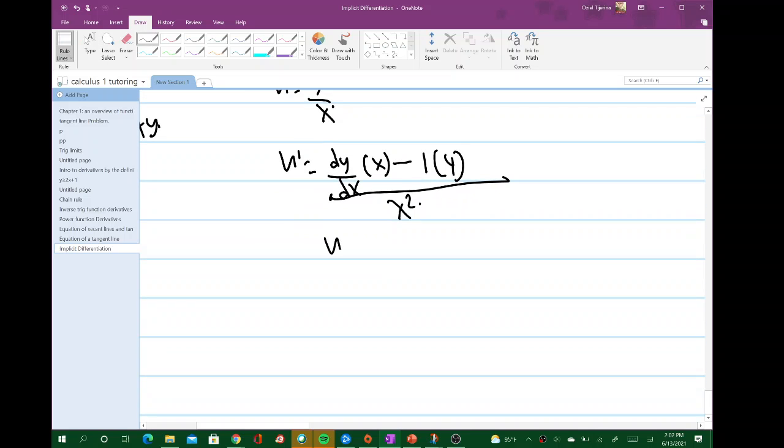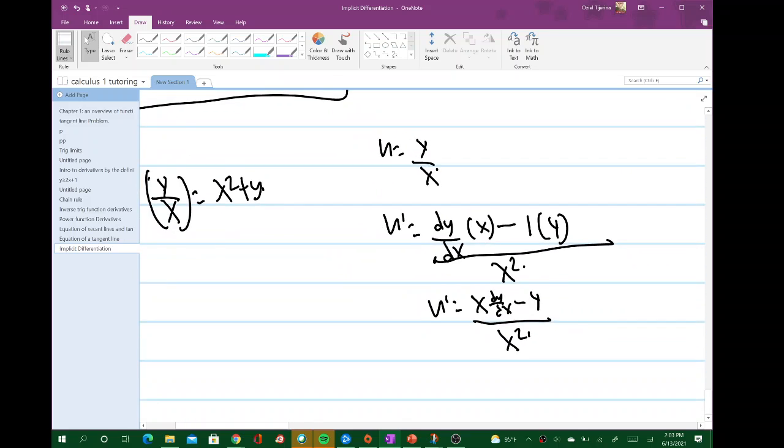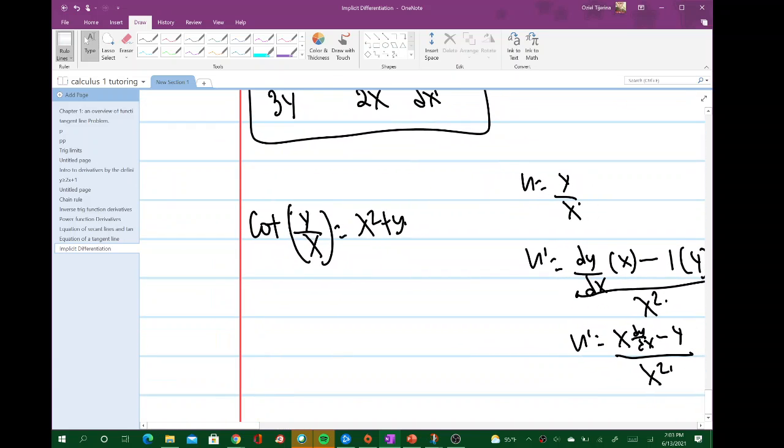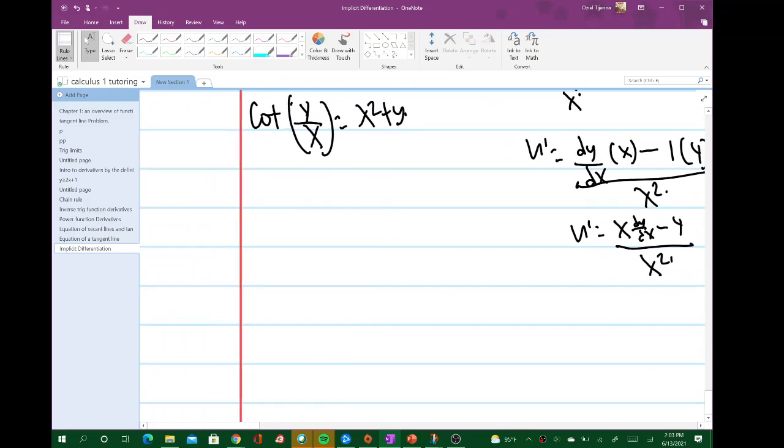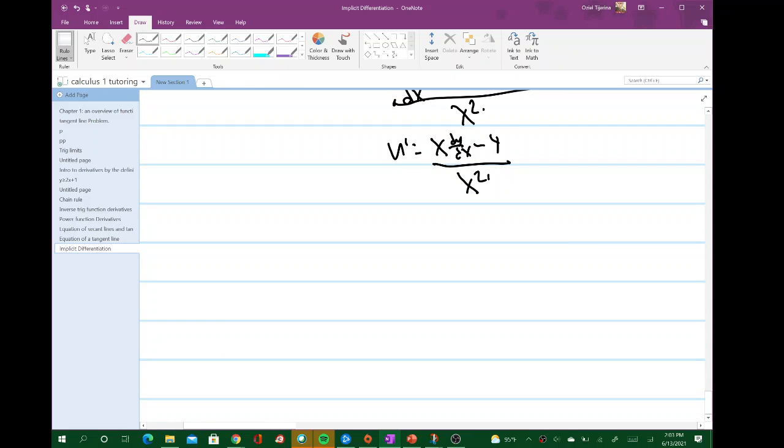So u prime equals x dy dx minus y all over x squared. And the derivative of cotangent of u is equal to negative cosecant squared of u times u prime.